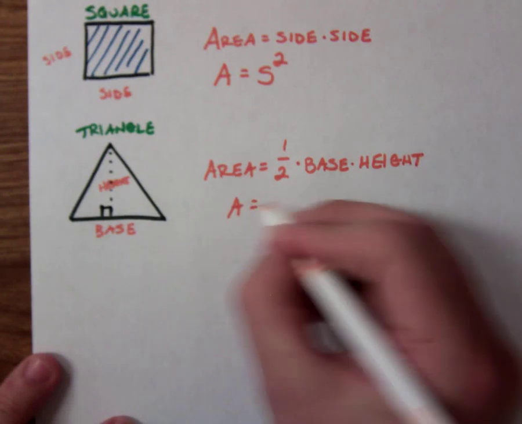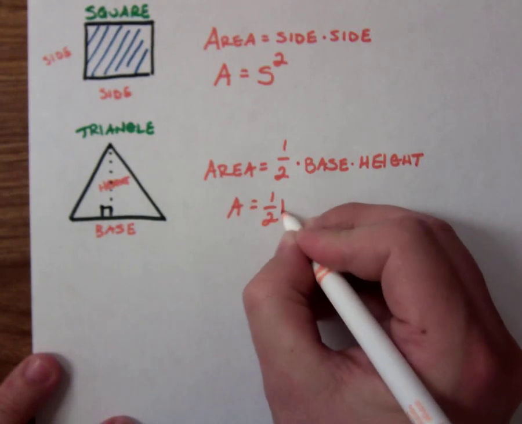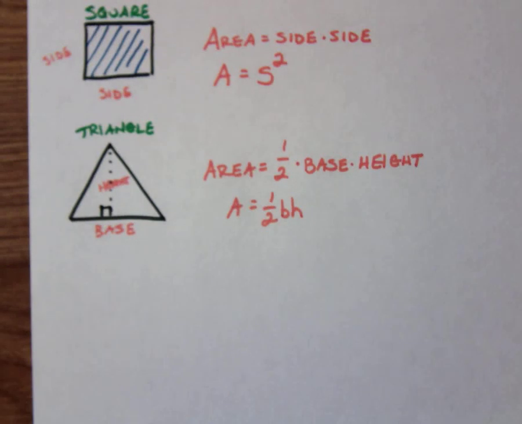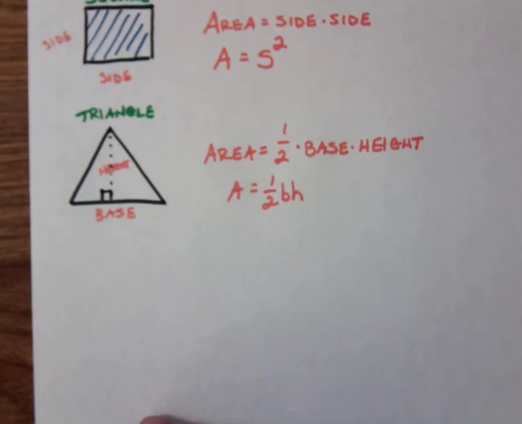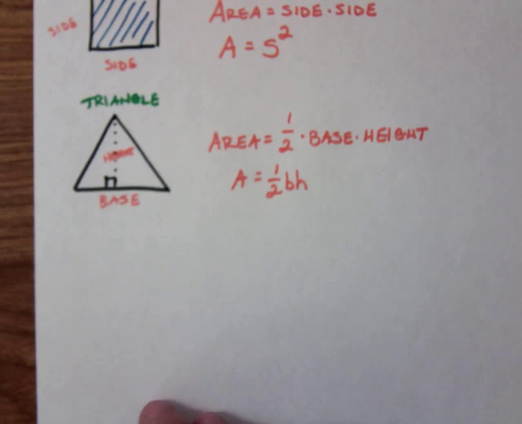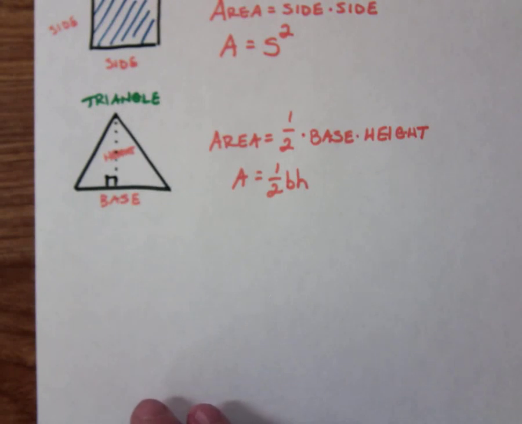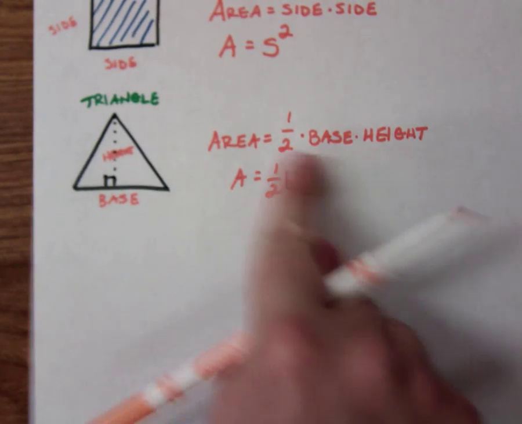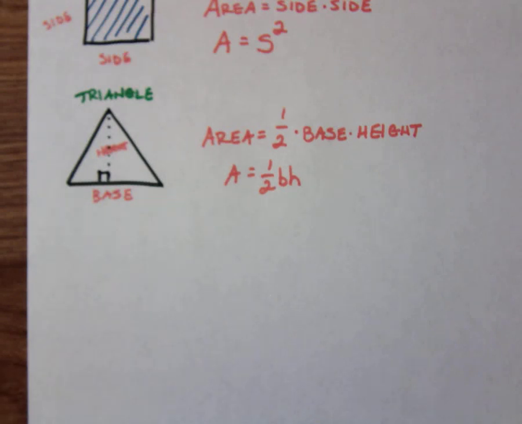Or 1/2 b h. Half the base times the height. That's because a triangle is half of a rectangle. So you're really finding the area of a rectangle and cutting it in half. Okay?